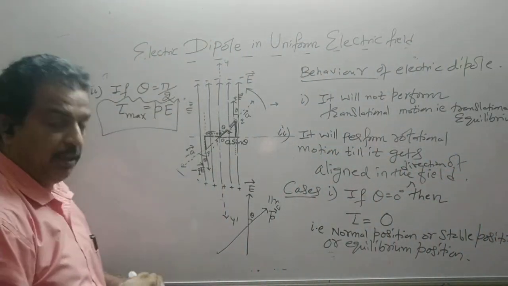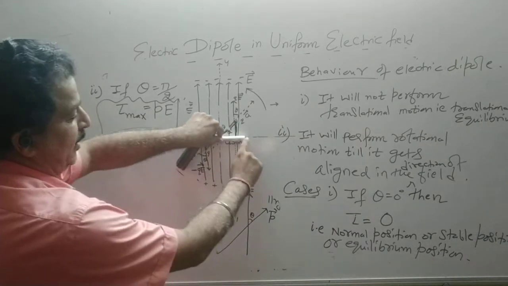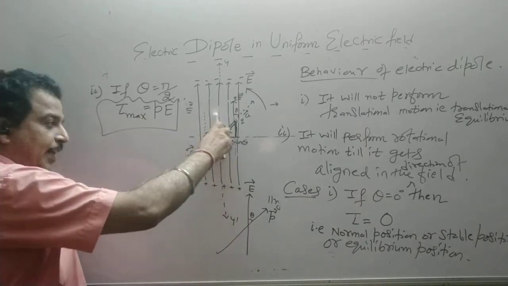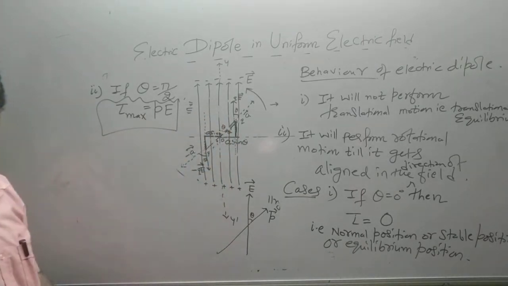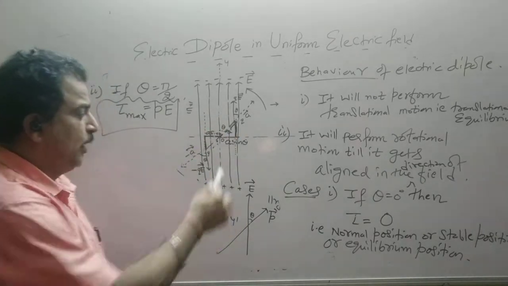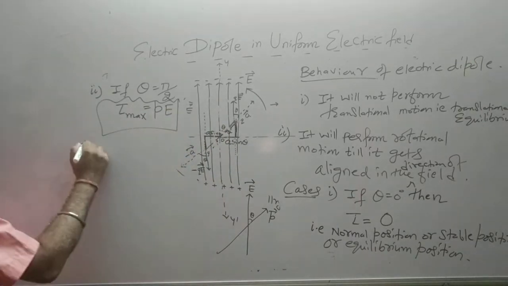So if I place it like this, वापस से ये प्लस चार्ज है, ये माइनस, तो जैसे ही मैं इसमें रखूंगा ये फटाक से घूम के अलाइंड हो जाएगा. हमेशा इसका बिहेवियर ही अलाइंड होना है. As soon as you leave it, it will get aligned. So maximum torque acts.